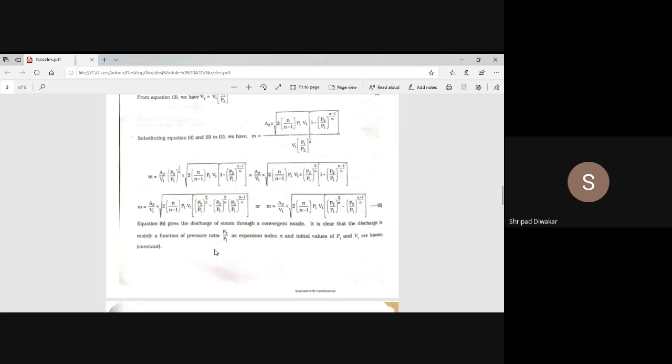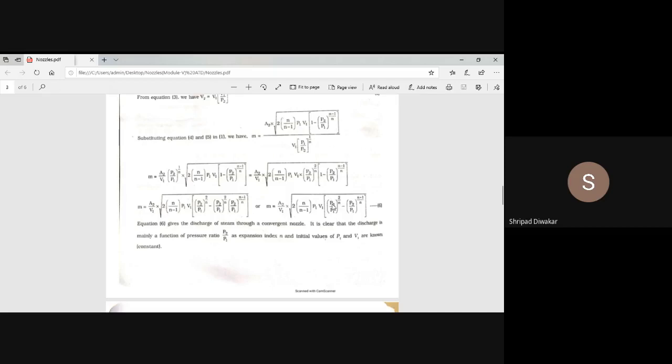Okay. So whatever this equation gives is the mass flow rate of steam inside the convergent nozzle. You remember we took a convergent nozzle. This is the expression for mass flow rate in case of a convergent nozzle, where A2 is your exit area, V1 is inlet volume, n is the polytropic index, and P2 by P1 is nothing but your pressure ratio.